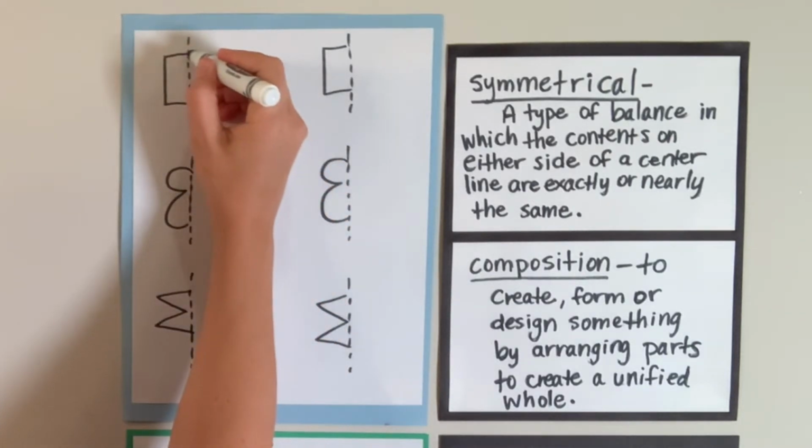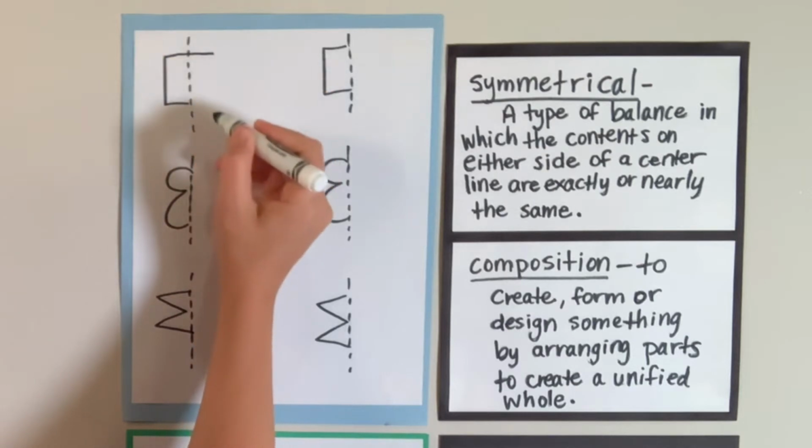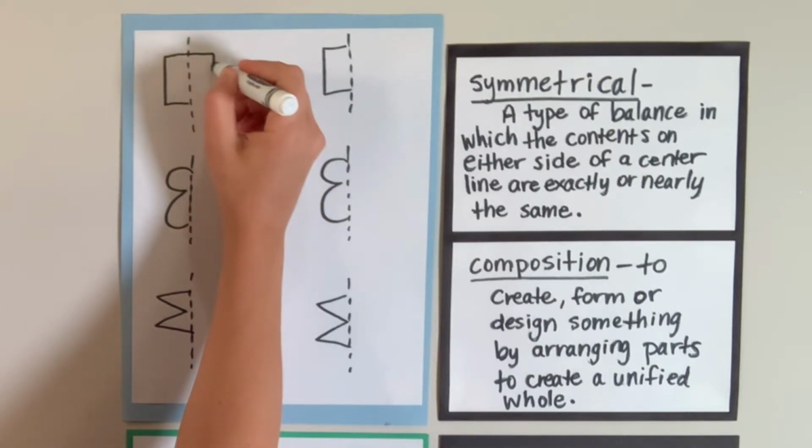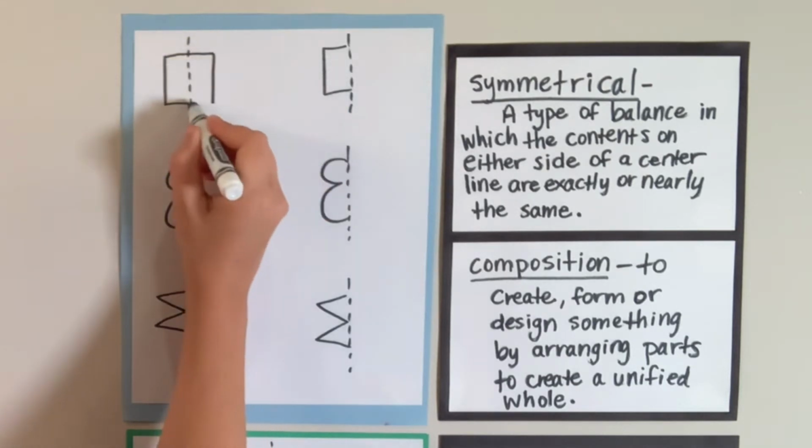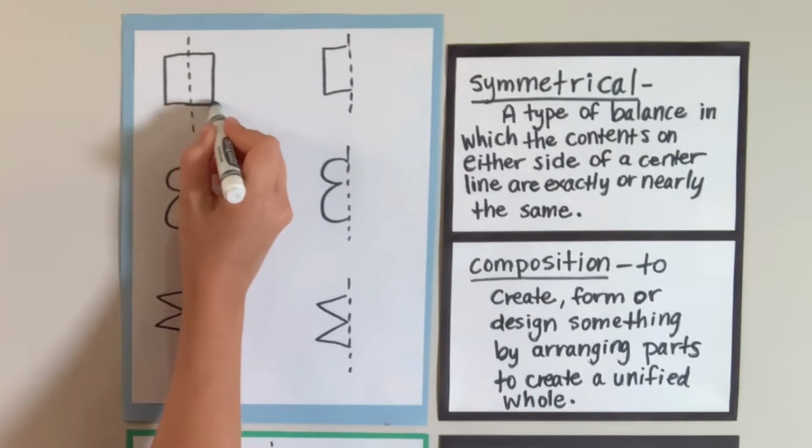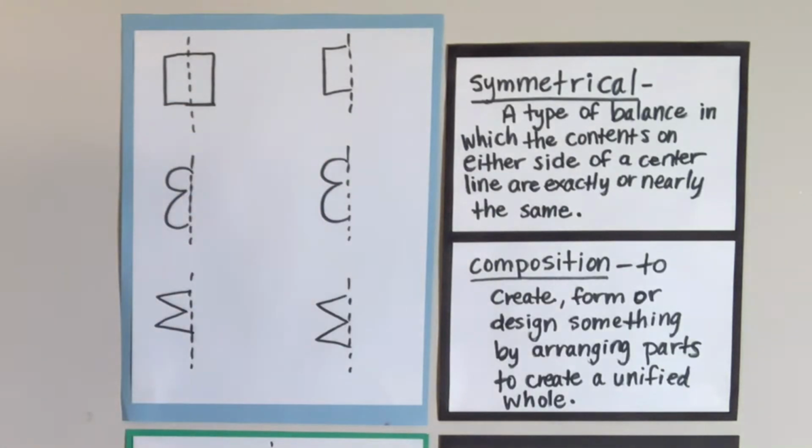It's like a mirror image. Can you draw the exact same half of this square on the other line? Good. I hope you were able to match both sides and draw an equally sided square using that line of symmetry.